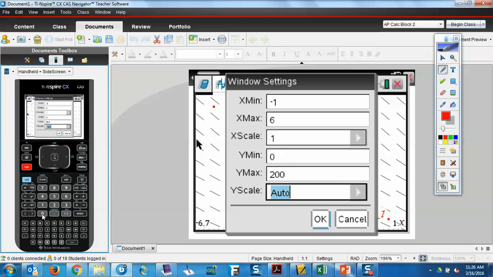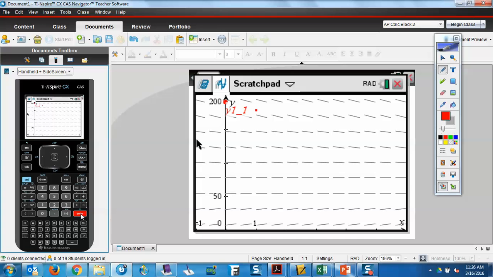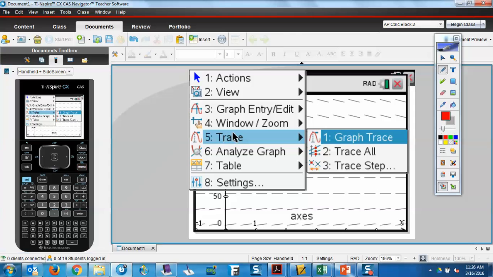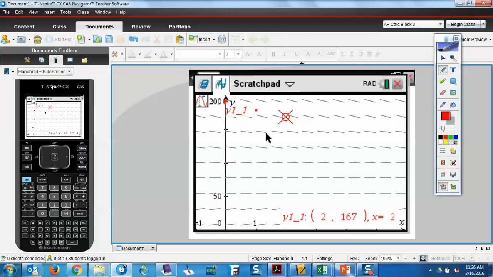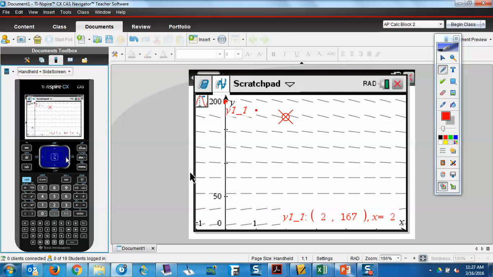And I'm going to have this go by 50s. That scale doesn't matter at all. Trace. Why is that stopping?